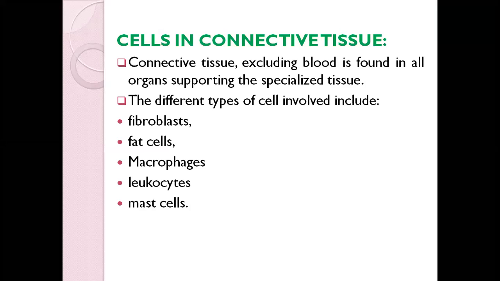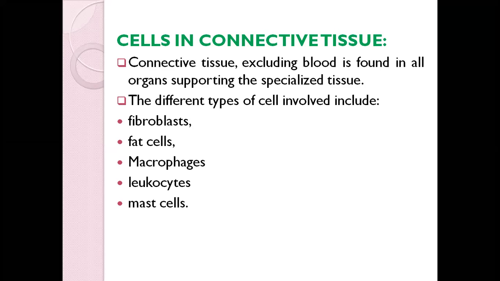Usually we have the fibroblasts, the fat cells, the macrophages, the leukocytes, and the mast cells. Okay, so we will discuss one by one. And these cells perform very important functions. Some help in maintaining the body temperature. Some of them help in killing any form of microorganism or foreign materials. Some of them help in repairing any tissue or repairing the cells during any form of injury.